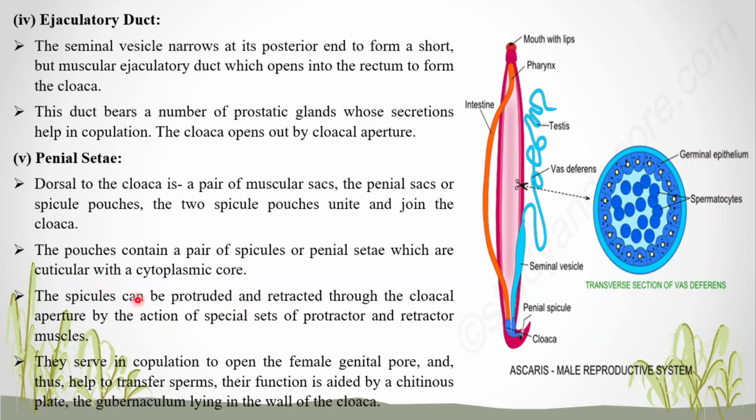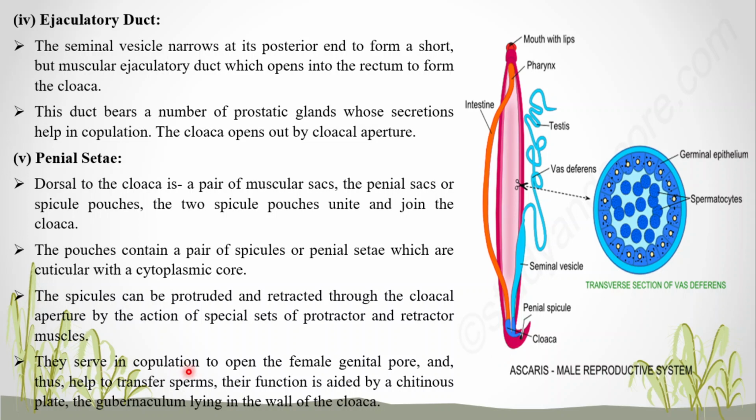The spicules can be protruded and retracted through the cloacal aperture by the action of special sets of protractor and retractor muscles. At the opening of the cloacal aperture, the protractor and retractor muscles help in opening and closing it.